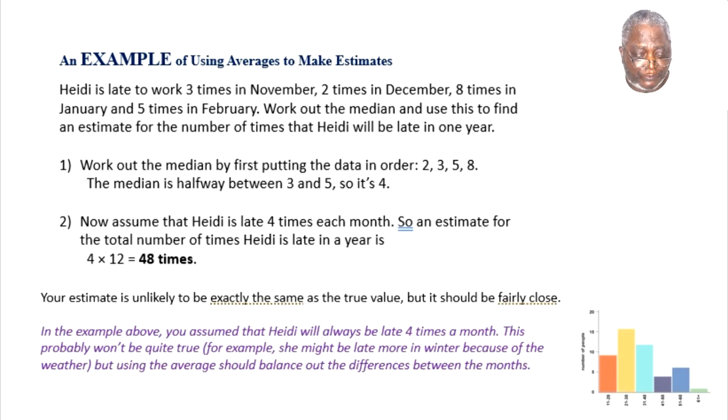In the example above, you assume that Haida will always be late 4 times a month. This probably won't be quite true. For example, she might be late more in winter because of the weather. But using the average should balance out the differences between the months.